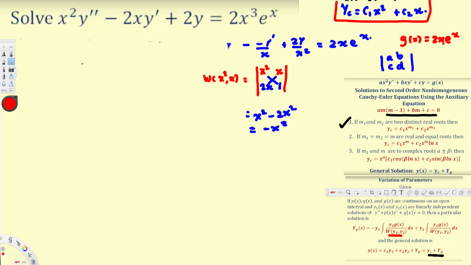We know that g of x is 2x e power x, and we found the Wronskian W(y1, y2) from this equation, that is negative x square. Let's erase this one too and note this one down right here.